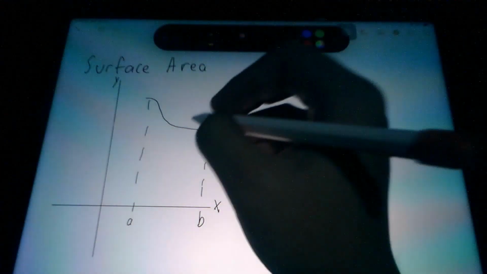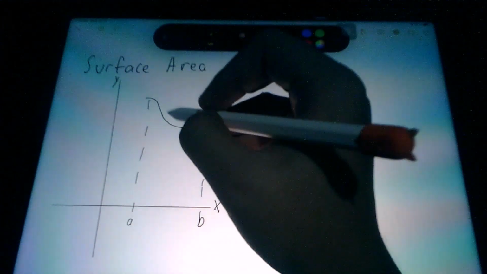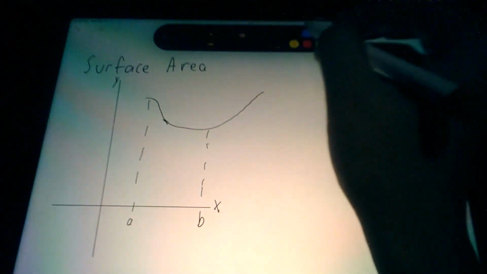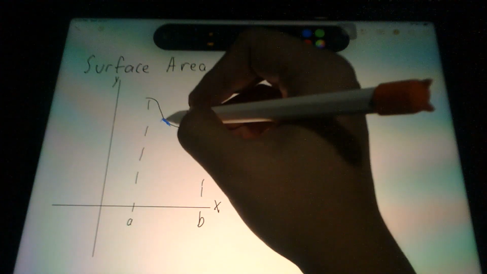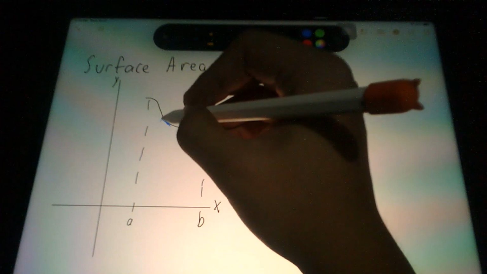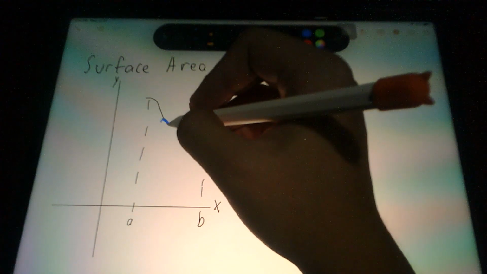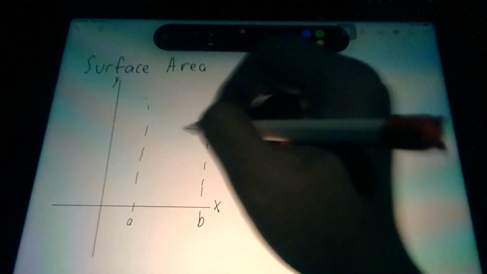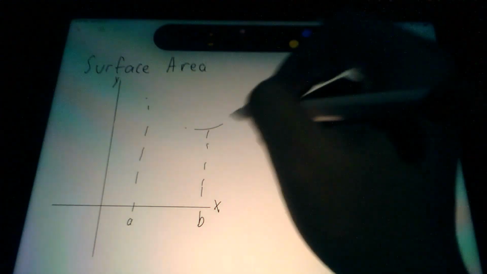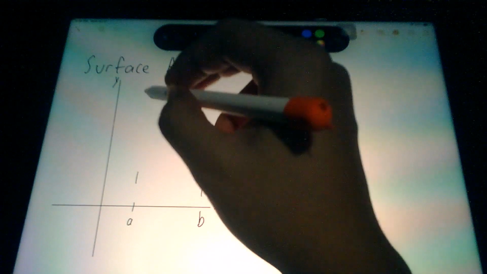Let's say we put our strip here. Wait, let me first do this again.